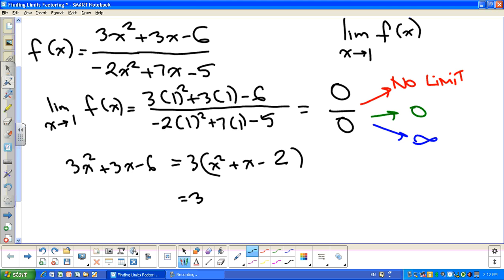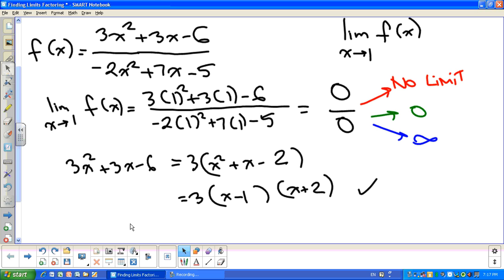I continue: 3 times x minus 1, x plus 2. Let me double check: x squared minus x plus 2x, it's a plus x minus 2. Yes, this is correct.